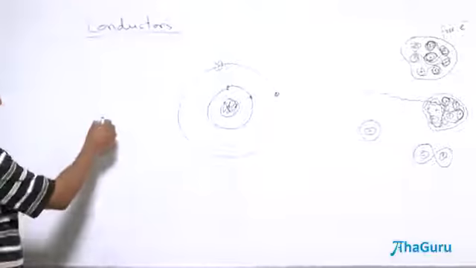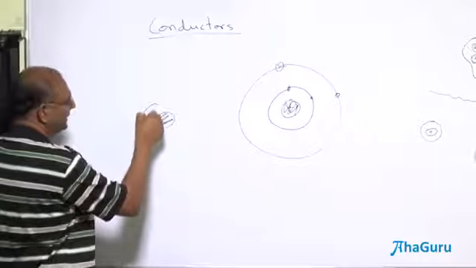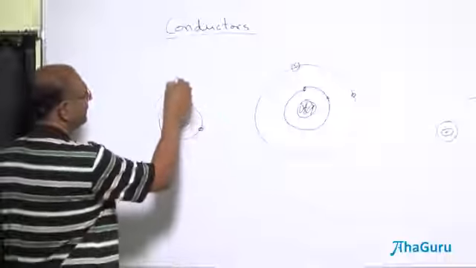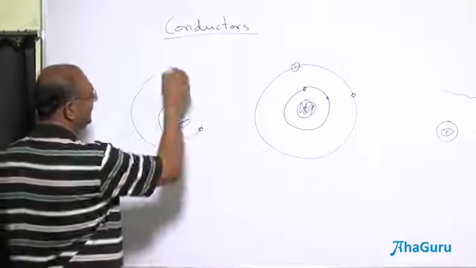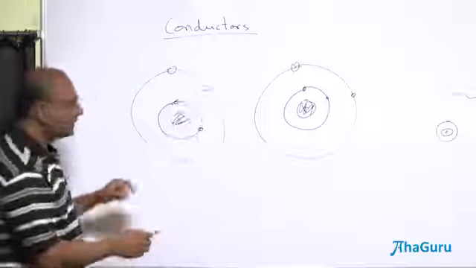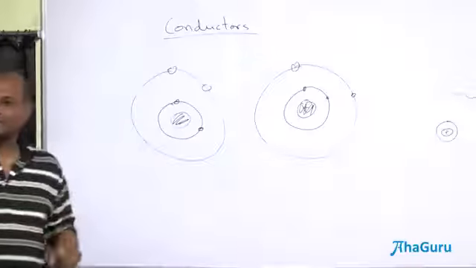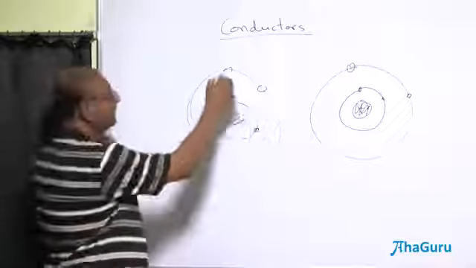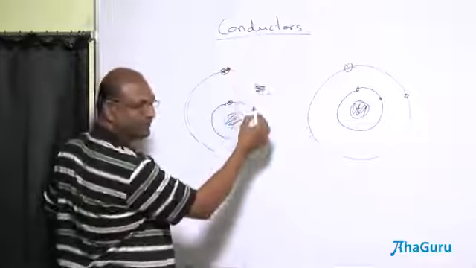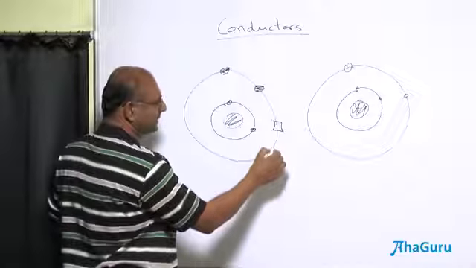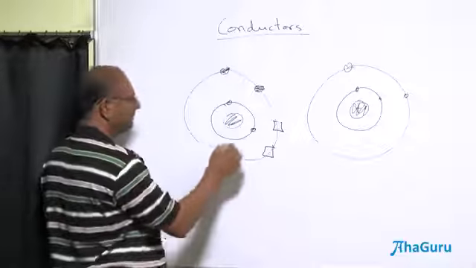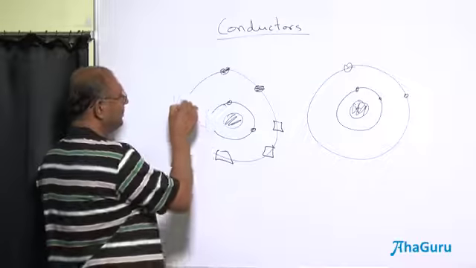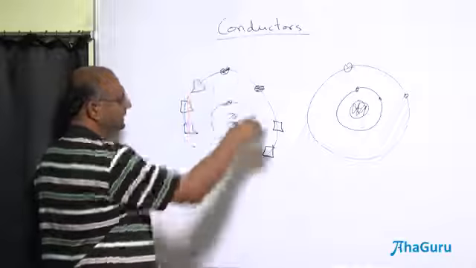Let us say this is the nucleus, the inner shell is full, and this shell has 2 electrons and a lot of spaces. How many spaces? It should have 8 overall, 2 are filled, so 6 are left. So I have 6 boxes: 1, 2, 3, 4, 5, 6, 7, 8.